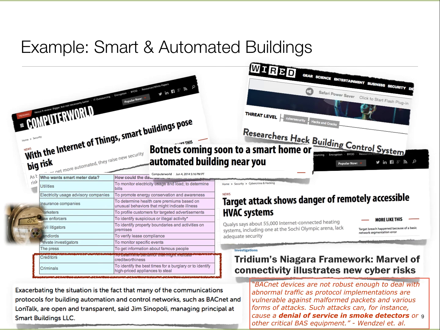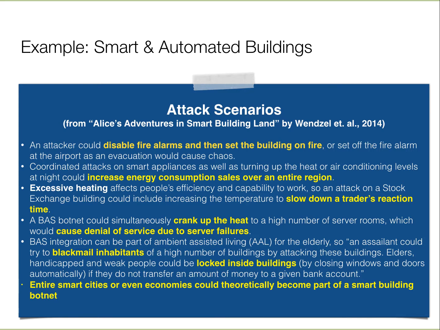There are lots and lots of examples, as well as potential attack scenarios that people have discussed. So these are some of the newsworthy items, but there's a pretty interesting paper from a few years ago called Alice's Adventures in Smart Building Landscape, which hypothesizes various scenarios. Some of them may sound far-fetched, but imagine, firstly, these BMSs are made by a few companies.